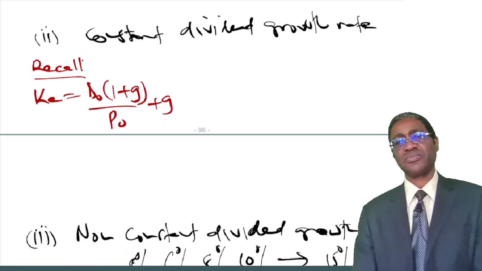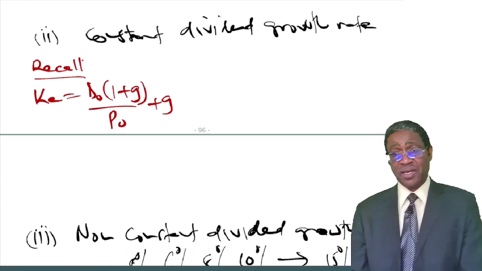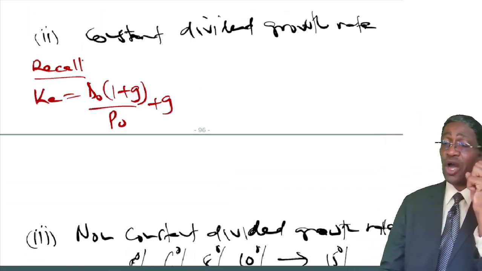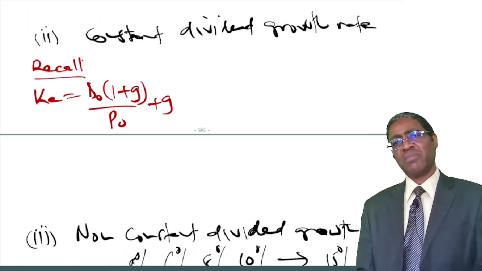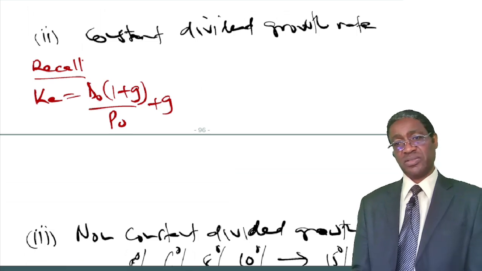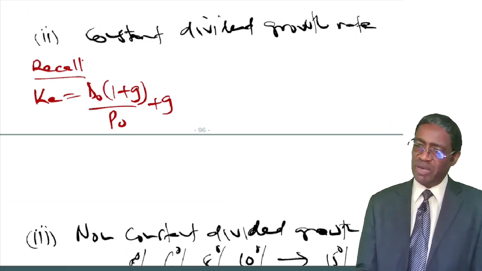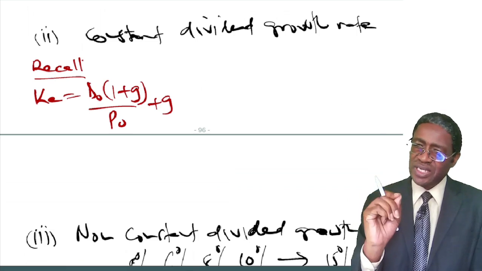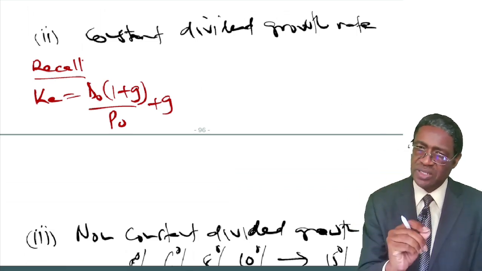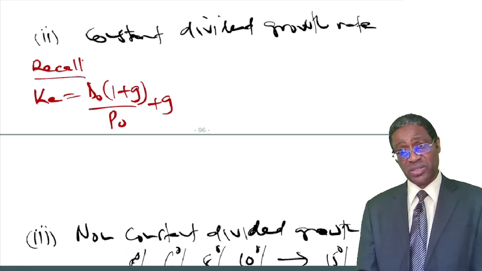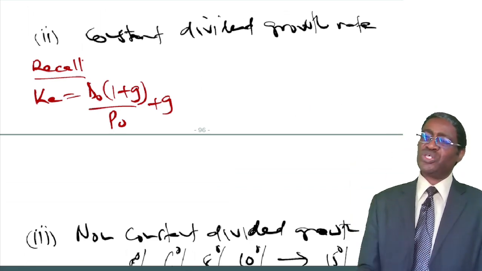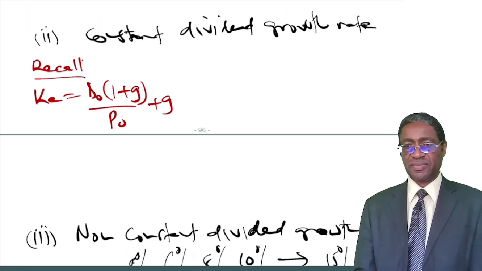Plus G. You remember that formula? That was the formula for getting the cost of capital where dividends were growing by a constant growth rate. D naught, we were taking to be the most recent dividend paid. G was the growth rate. P, of course, is the price of the shares.